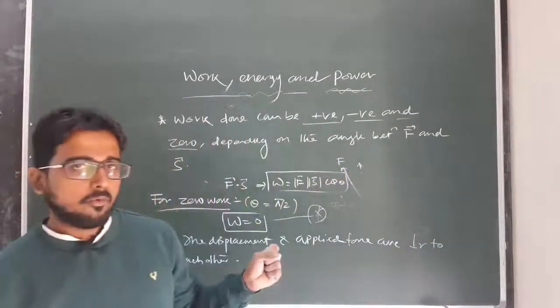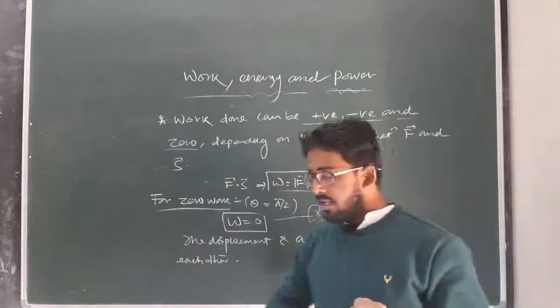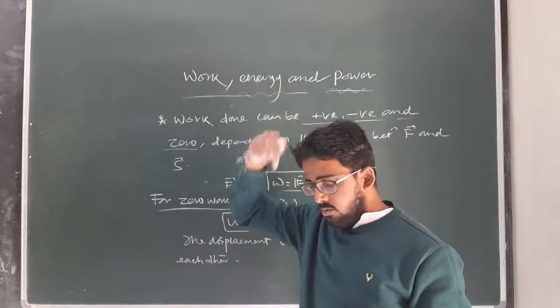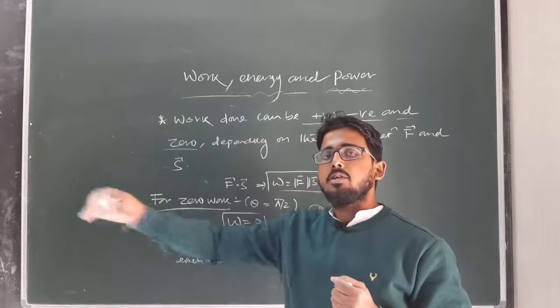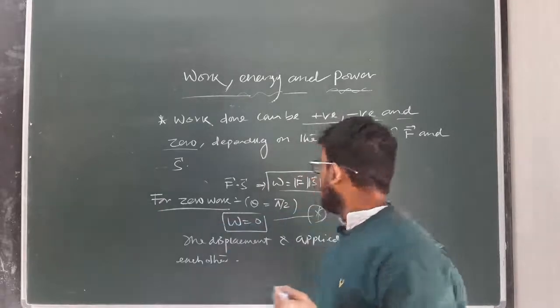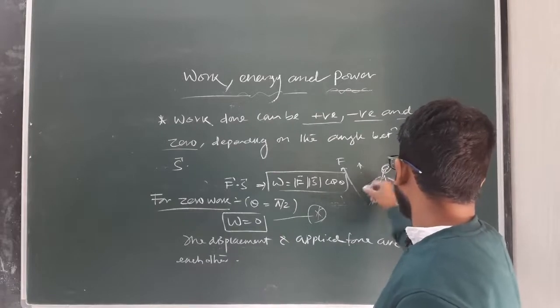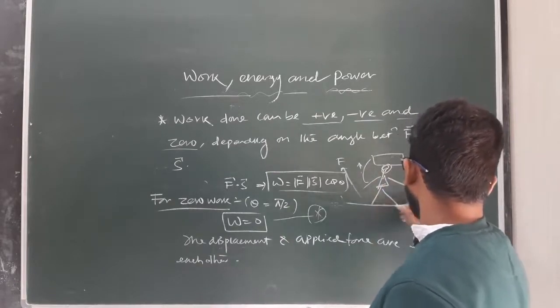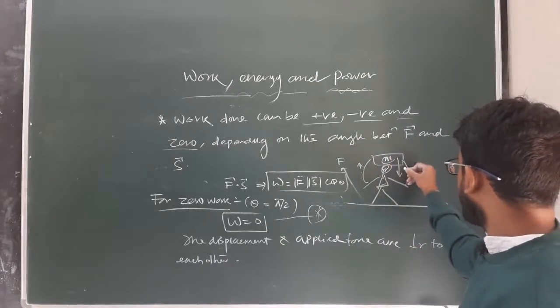So what are the examples of 0 work done? A porter on a platform keeps some luggage on his head and walks along the platform. So the weight of the luggage is acting downward from his head to the bottom, but the porter is displacing along the platform horizontally. So if here is a porter walking on the platform carrying some luggage on his head, he is walking along this direction and the weight of this luggage mg is acting downward.